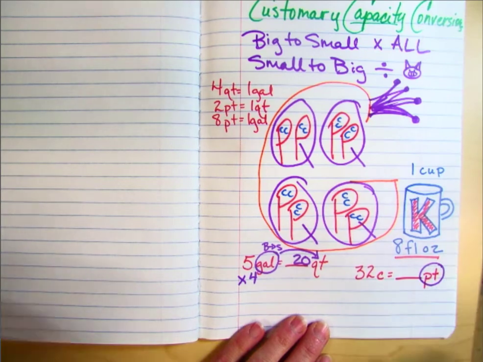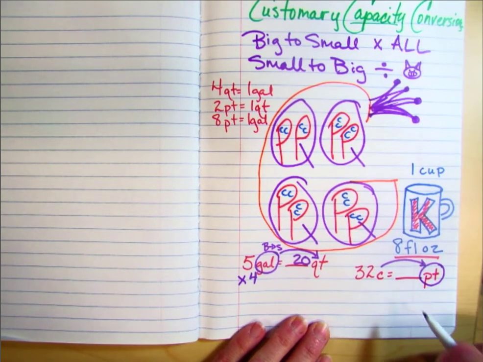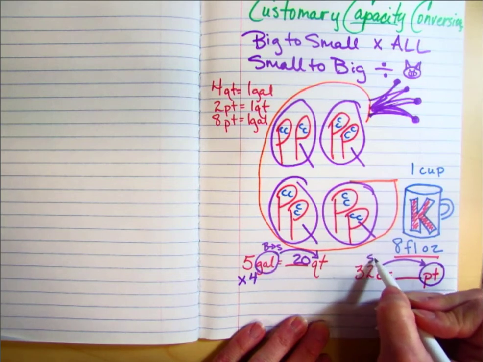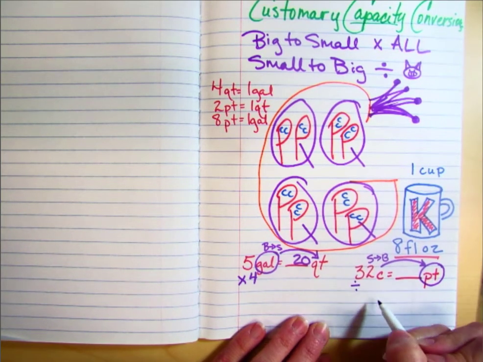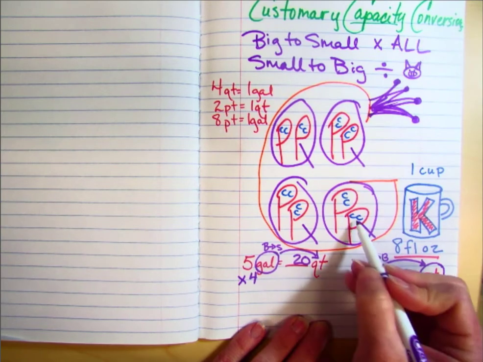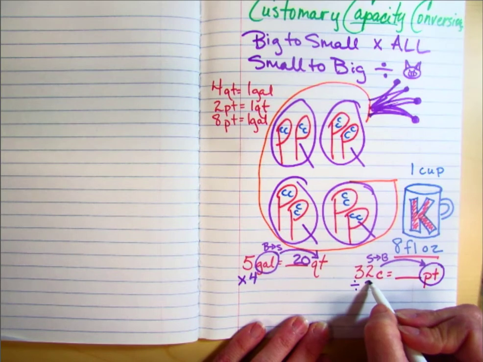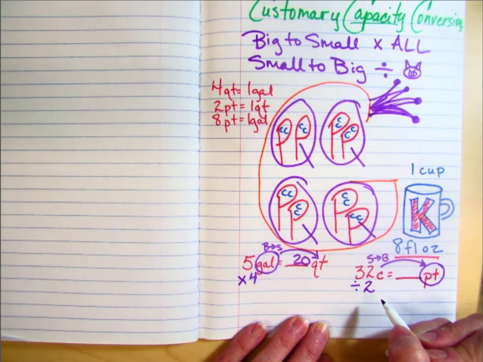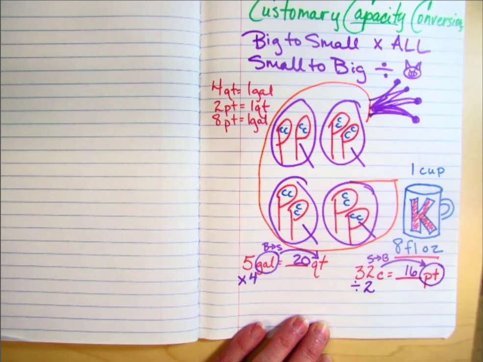I'm going to circle the princess and ask myself, am I going big to small or small to big? On this one, I'm going small to big, so we divide the pig. How many C's are in a P? Well, there's 2 cats in the P, so I'm dividing by 2, and 32 divided by 2 is 16.